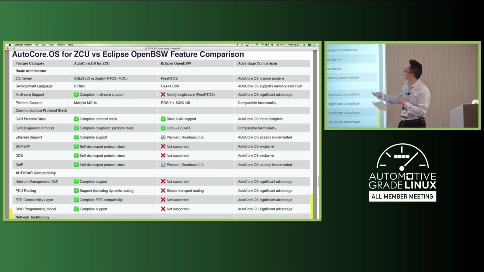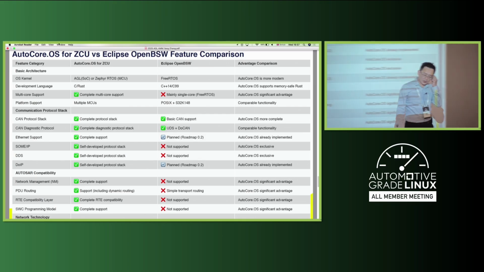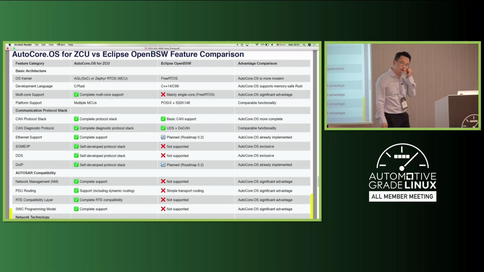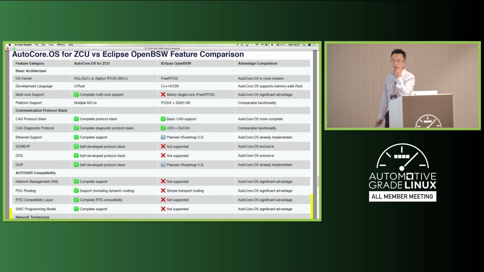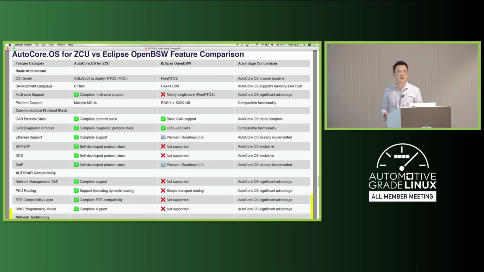Some of the benefits you see here, I won't go through. For example, multi-core support: the AutoSAR Classic stack is notorious for not being multi-core friendly, and this is where a Zephyr-based RTOS comes in really handy, handling multi-core support intuitively.